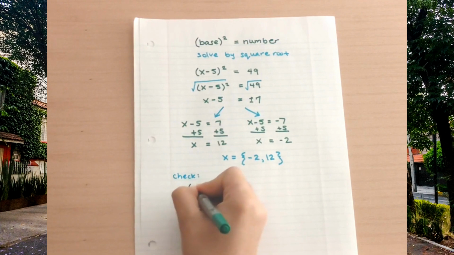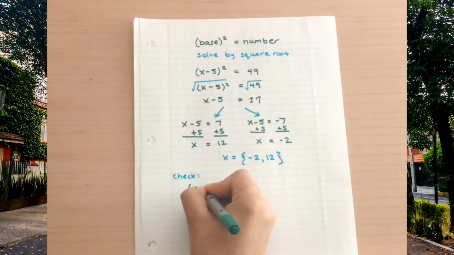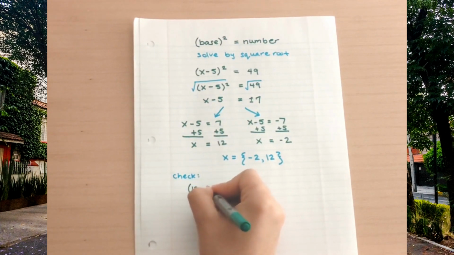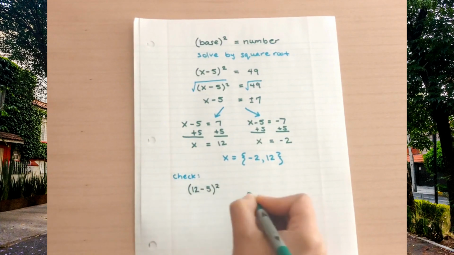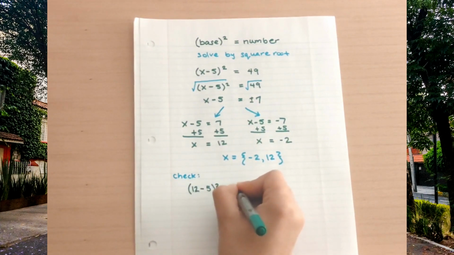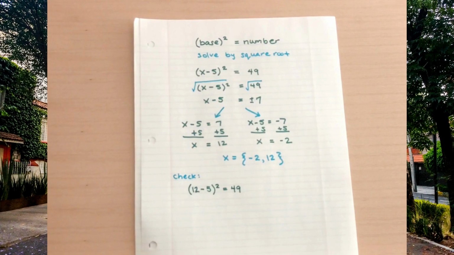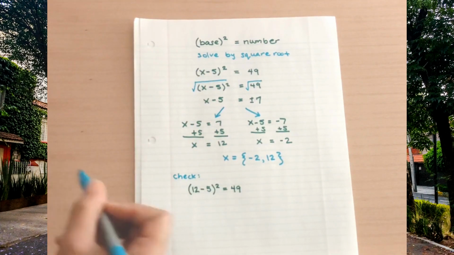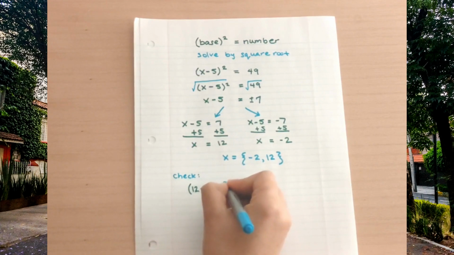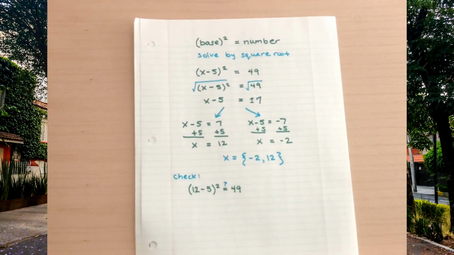I'm just going to write everything else the same, just replacing the x with the 12. And then I want to see if that equals 49. If it does equal 49, then I know that 12 is a solution to this equation, but I'm not sure yet, so I'm just going to put a question mark there.